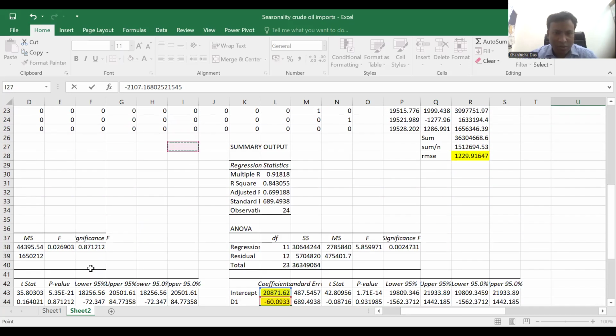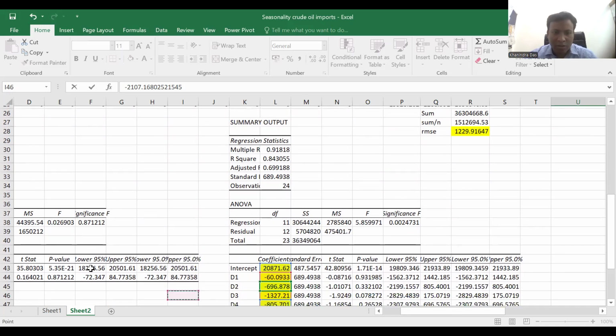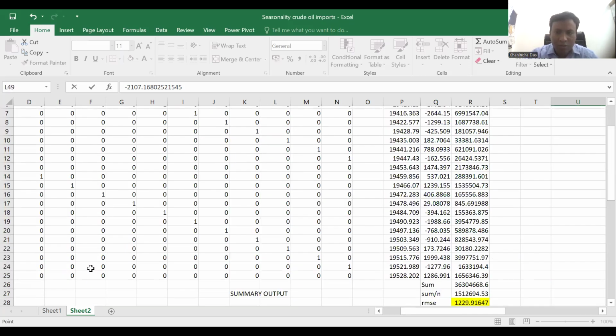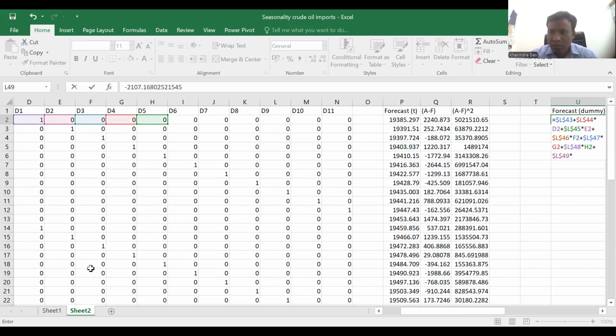Let's put the D6 coefficient into the D6 value.